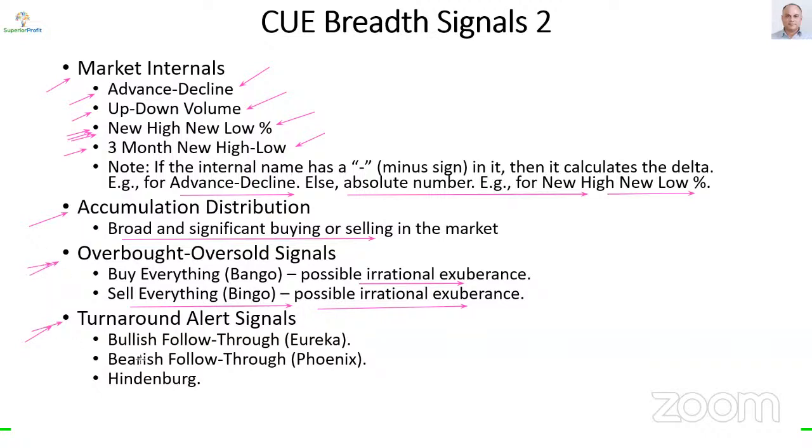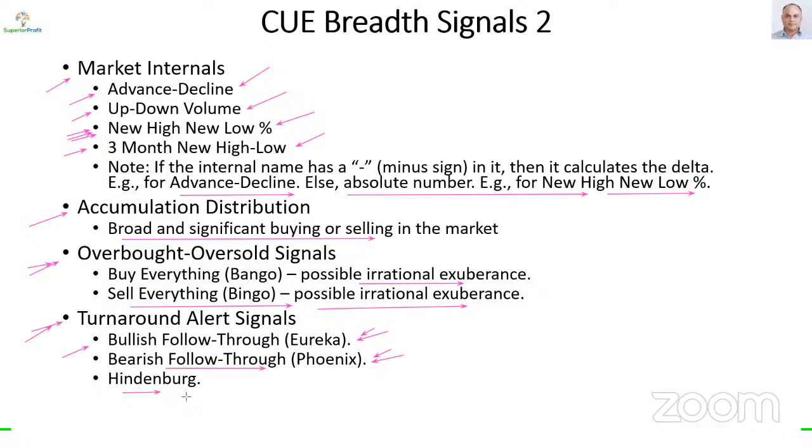It's turnaround alert signal, bullish follow through or Eureka, bearish follow through or Phoenix. You may also read them as Eureka as bulls are in control and Phoenix bears are in control. Not for a stock, but for the whole market. Or I may say across a dimension. Dimension is one index. We'll later see which of these signals are applicable to which indices or dimensions.